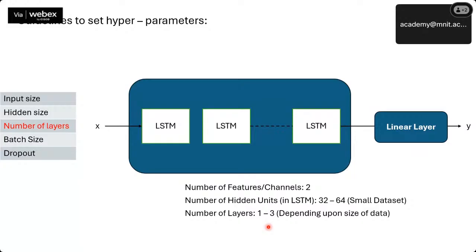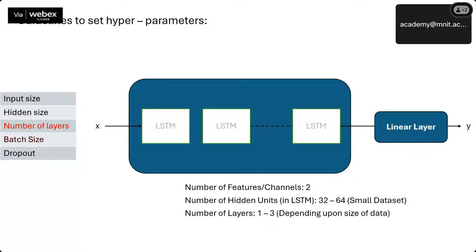Fine. The next thing that you may come across is the number of layers. This hyperparameter is very redundant. If you have a large data set, I'll go for three layers. If you have a small data set, then I'll go for one. That is the thumb rule to use for the number of layers.